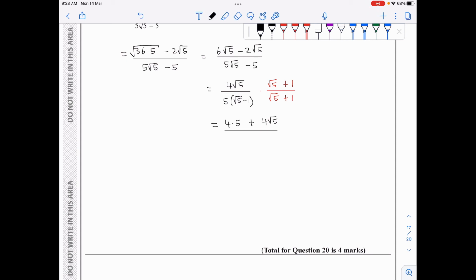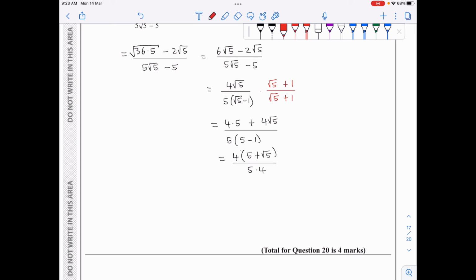And in the denominator, if I expand, it's going to be 5 plus root 5 minus root 5. They cancel out, minus 1. So it's going to be 5 minus 1. So it's 4 times 5 plus root 5 over 5 times 4.